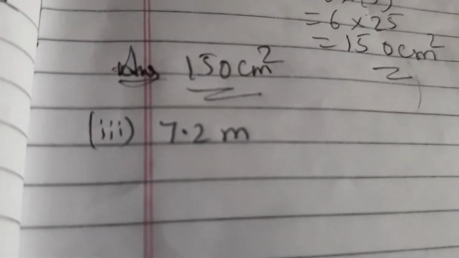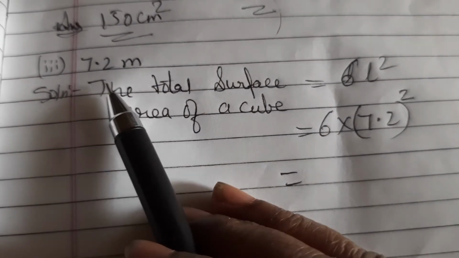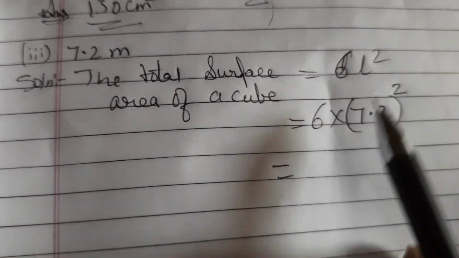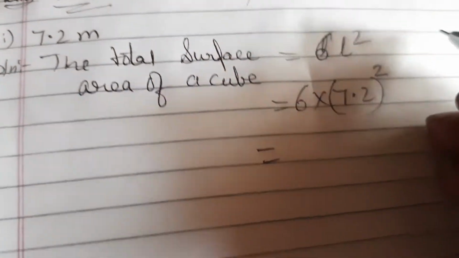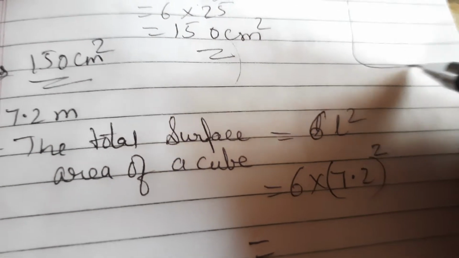Now the next one, it is in decimal, 7.2 meter. The same thing, the total surface area of a cube is equal to 6L square, and then we have to calculate. So 6 into 7.2 the whole square. You can do in the working 7.2 into 7.2. I'll show you working.